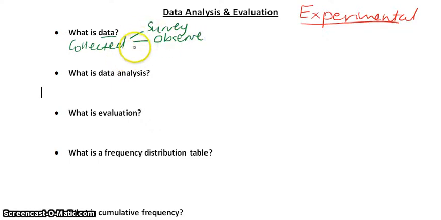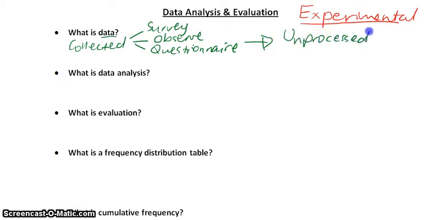We can actually go out and collect data ourselves, but usually it's by asking surveys or perhaps a questionnaire, which is strongly linked to a survey. So data is this collected information that we have, but it's unprocessed. We say that data is usually some kind of unprocessed collected information, and that's basically what data is.